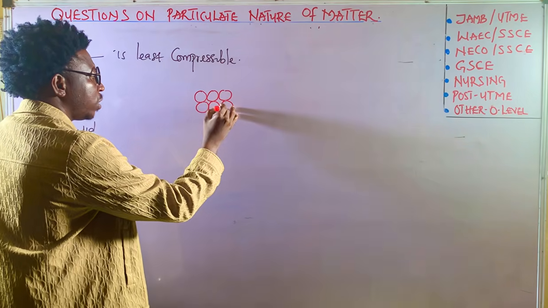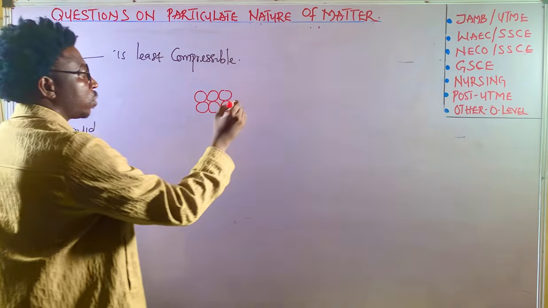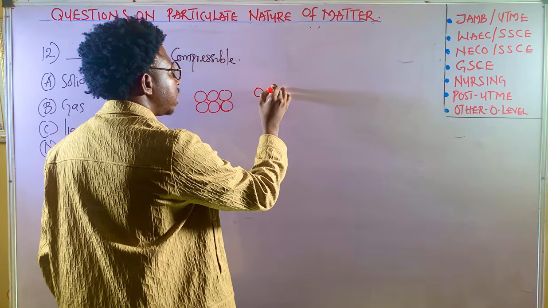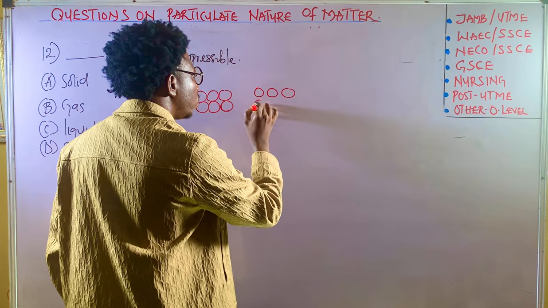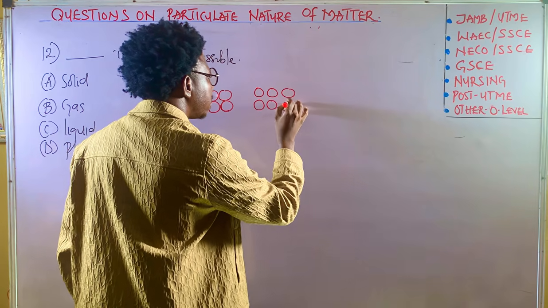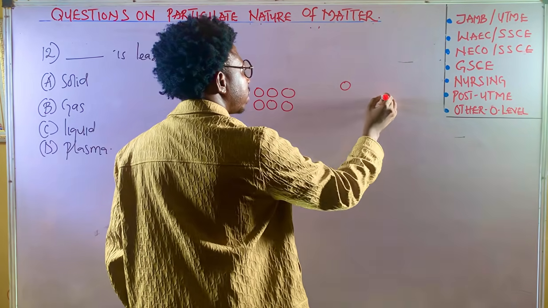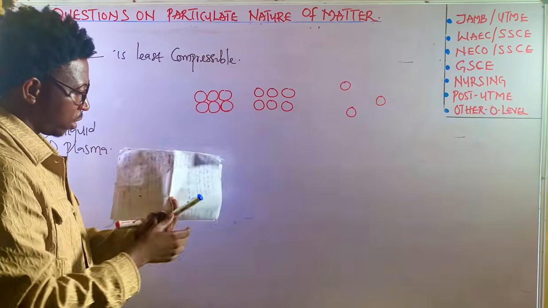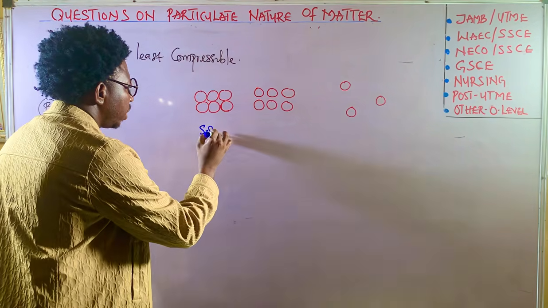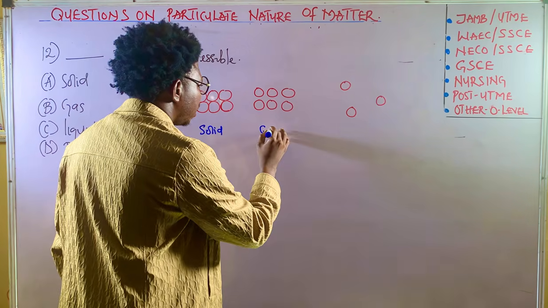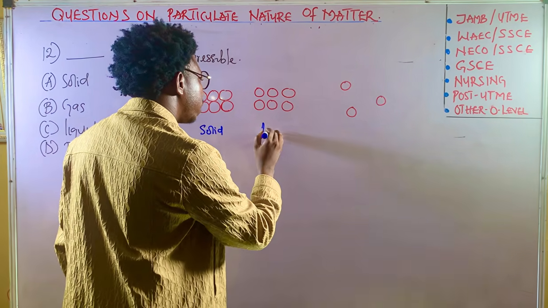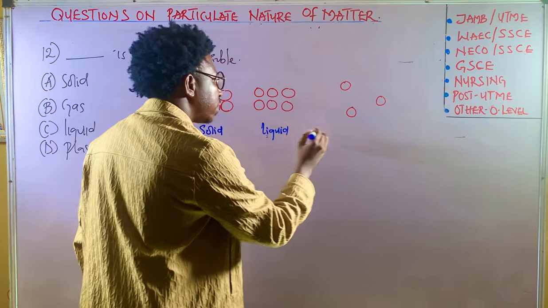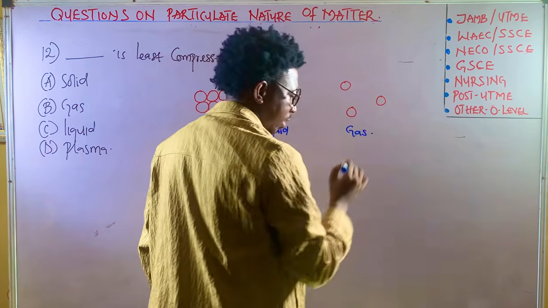Closely packed, that there's no intermolecular space between the particles. For liquid, there's little intermolecular space. For gas, we have large intermolecular space. So if this is solid, this is liquid rather, this is gas.